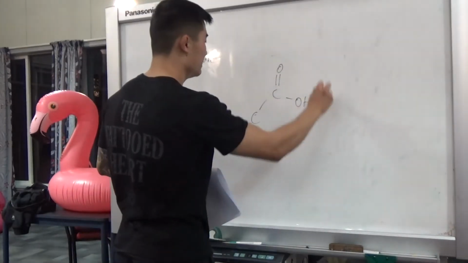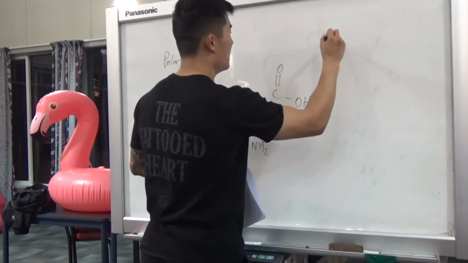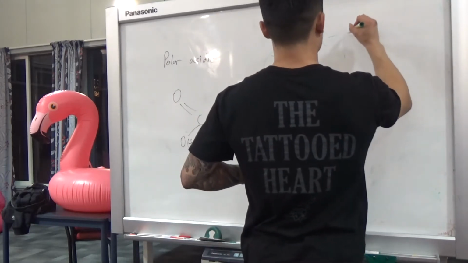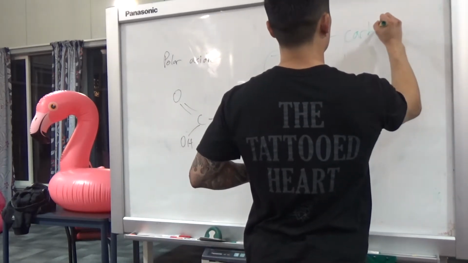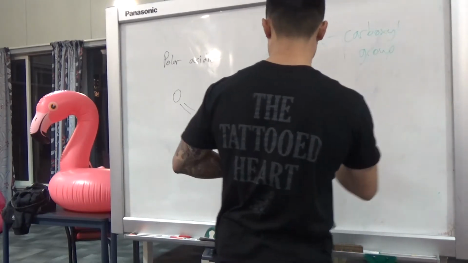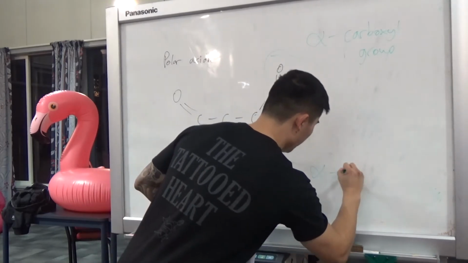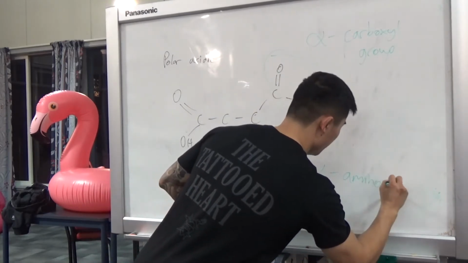This here is the alpha carboxyl group. This here is the alpha amino group.